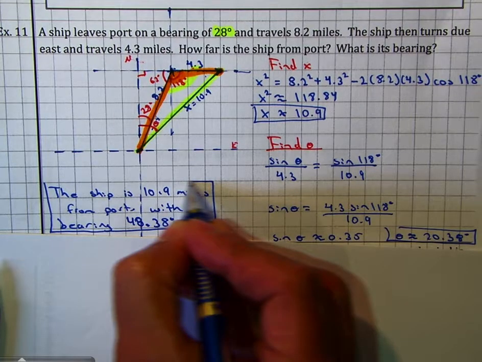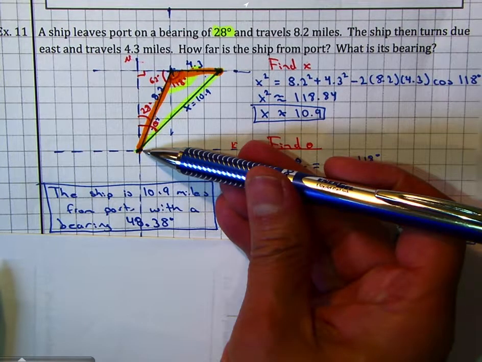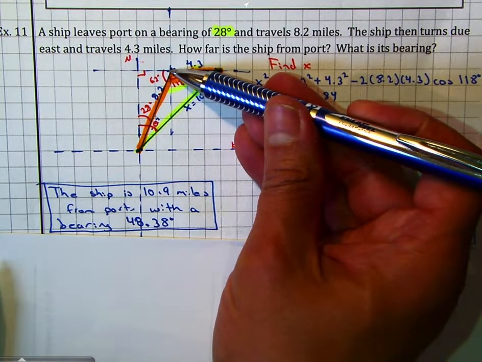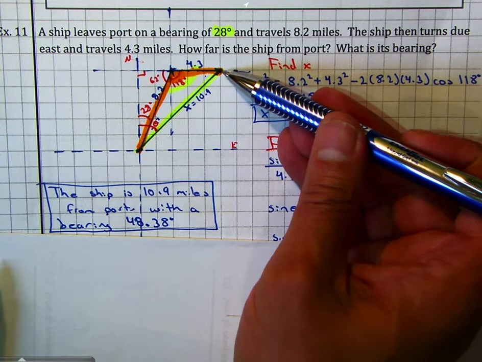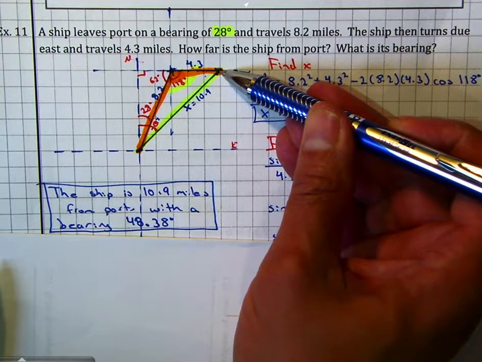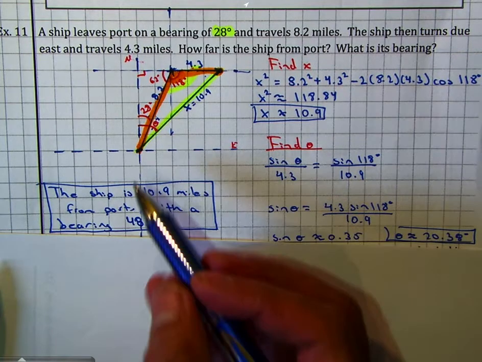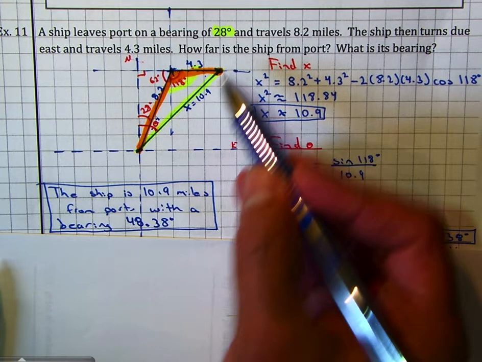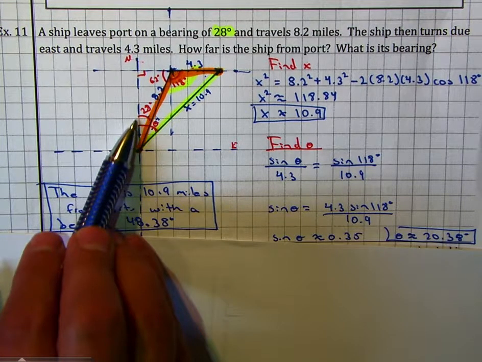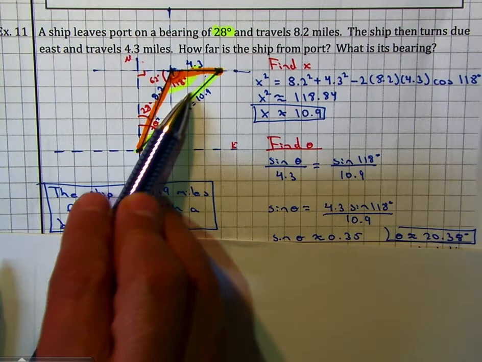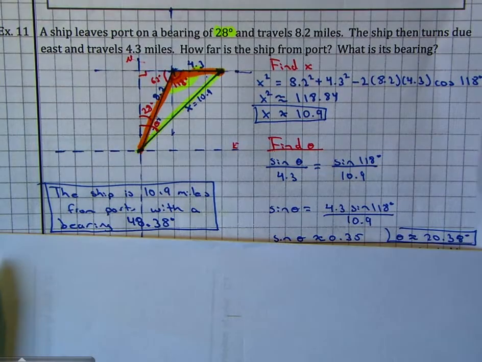So if you travel 8.2 miles in a 28-degree bearing, then you travel east for 4.3 miles, you can tell them to go find you. If you get stranded here, they're going to go for 10.9 miles with a bearing of 48.38, and they'll be able to find your location.